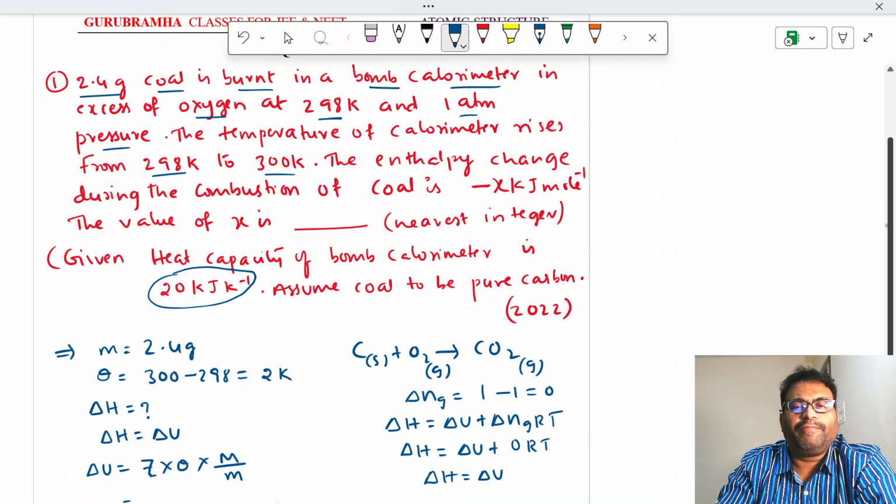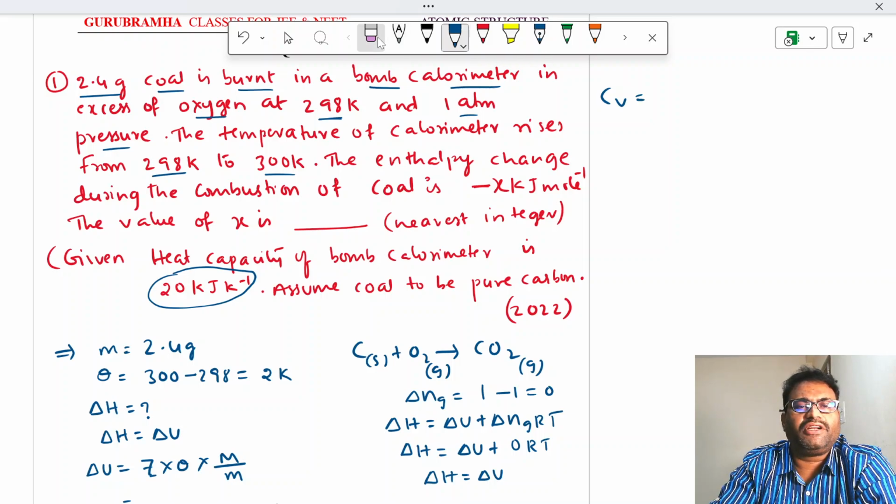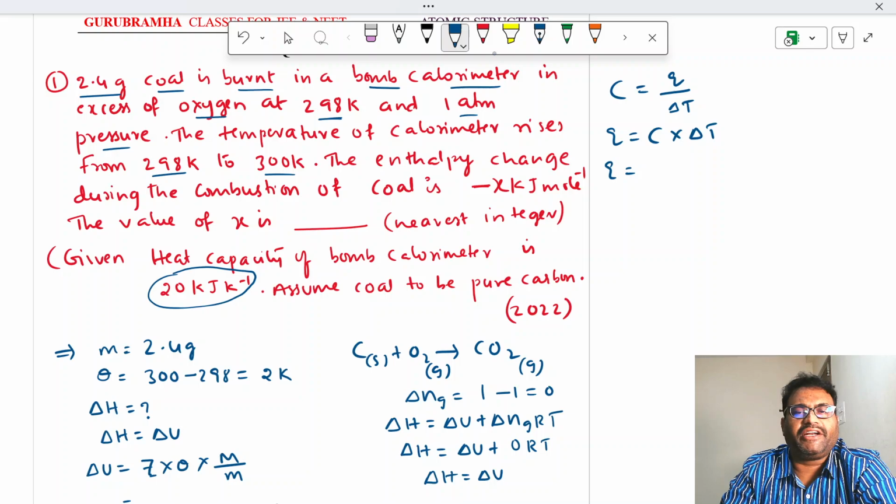We know that heat capacity C is equal to Q by delta T, right? Q is equal to C into delta T. Q is how much amount of heat is liberated in the bomb calorimeter.